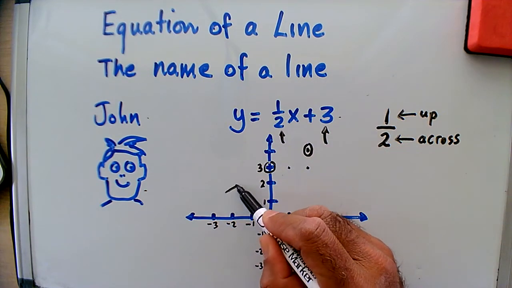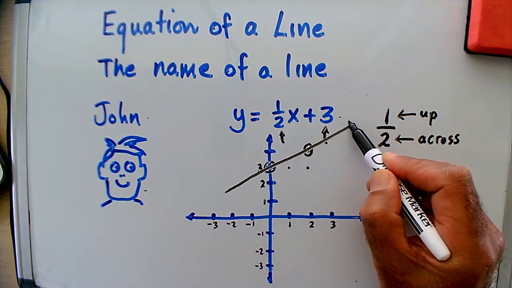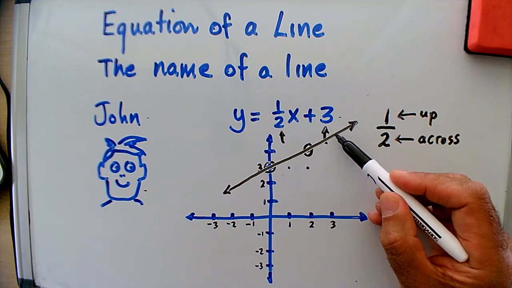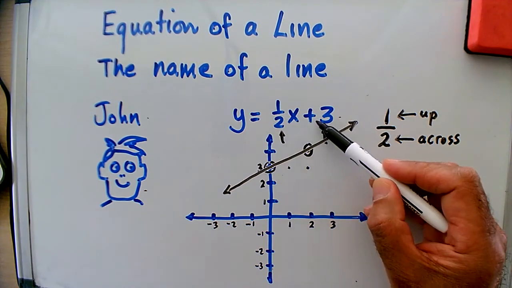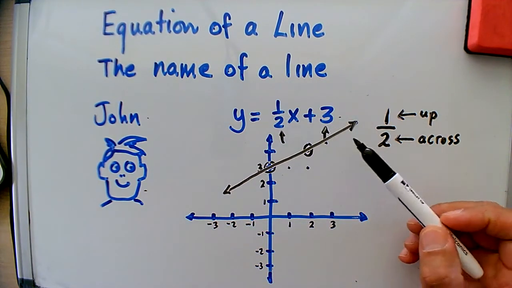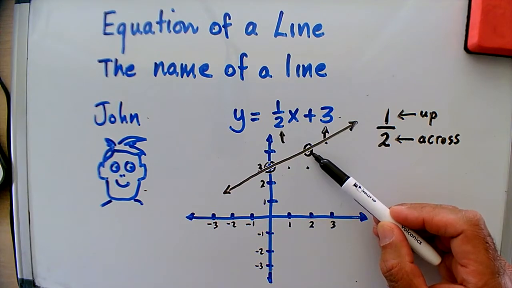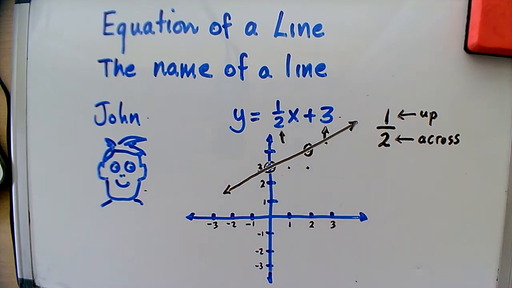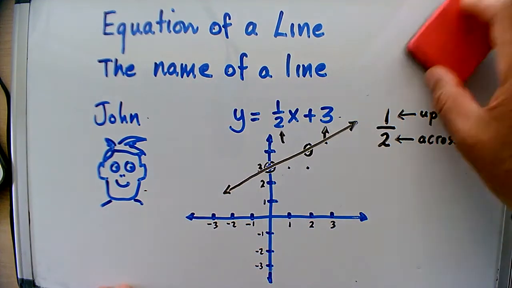Now I draw a line through those 2 points, and that there is the line y is equal to a half x plus 3. So now I have a picture associated with the name. Now I'd like to show you a few more examples of that.